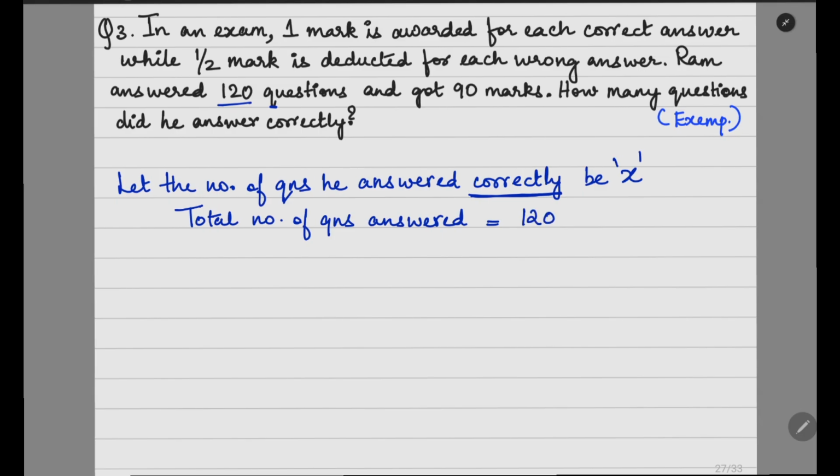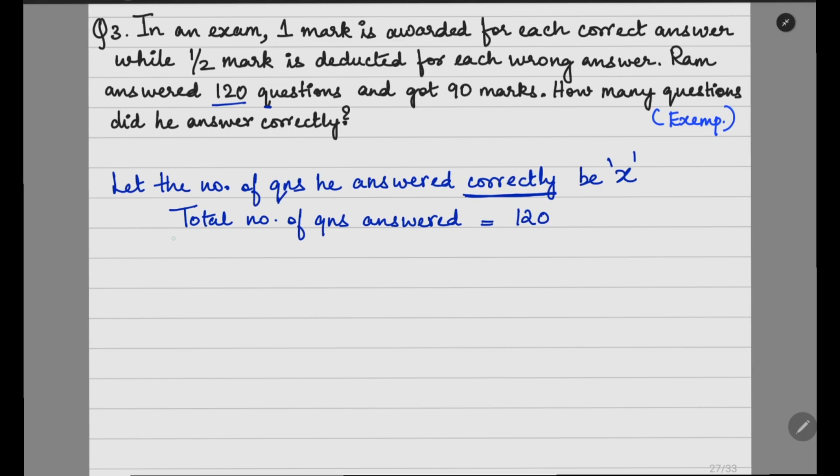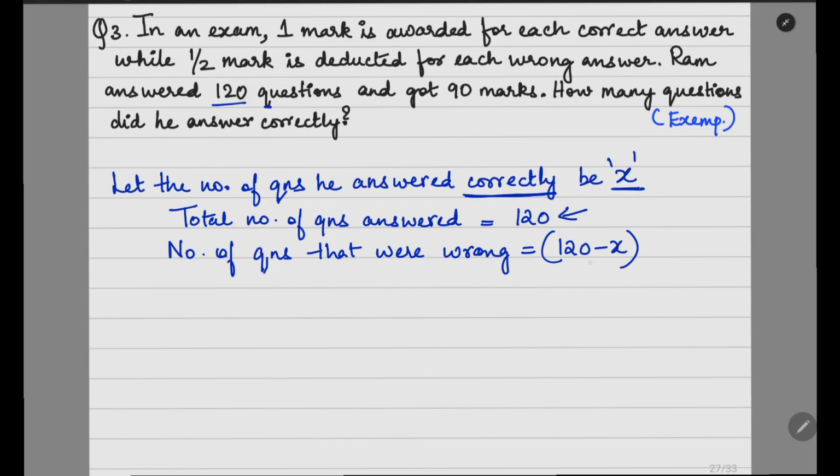So how many questions were wrong? The number of questions that were wrong or incorrect will be 120 minus X. So far clear? So total questions that he attempted is 120. Out of 120 only X was correct. That means 120 minus X is wrong.